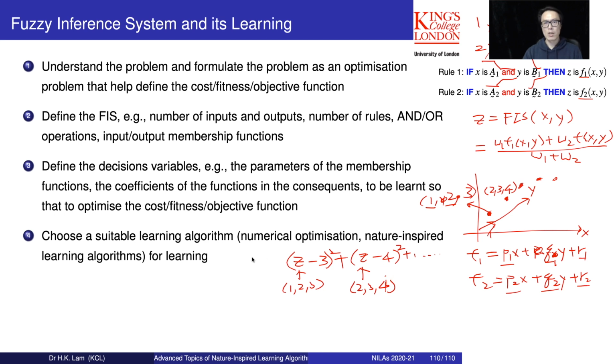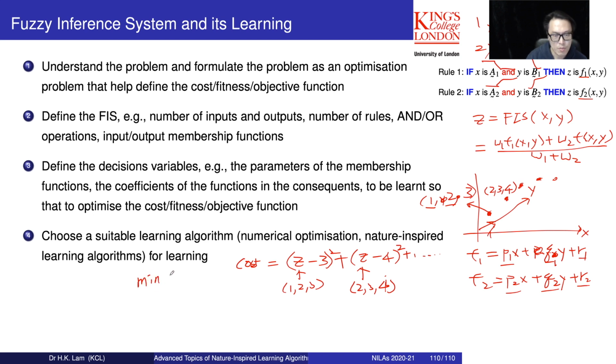After we find all the errors, our objective for the genetic algorithm is just to find P, Q, R so as to minimize this cost. For example, I just call this the cost.